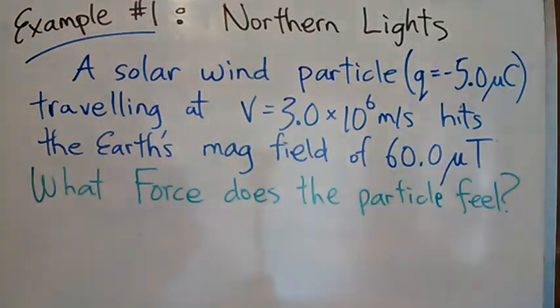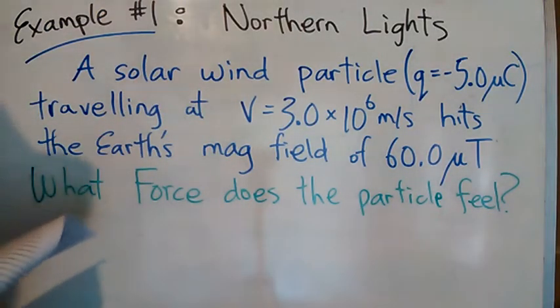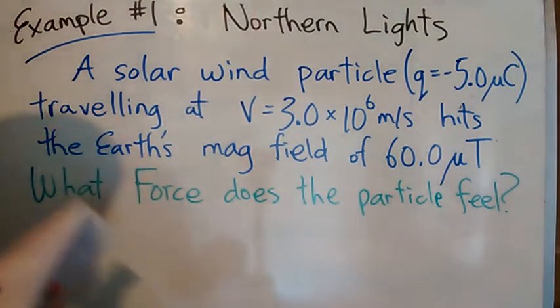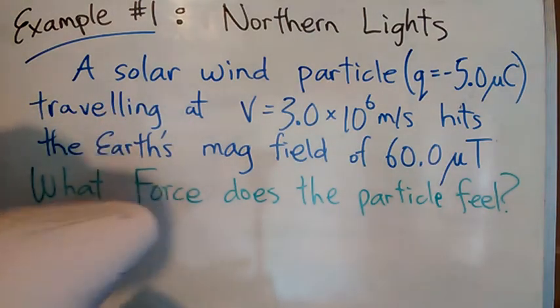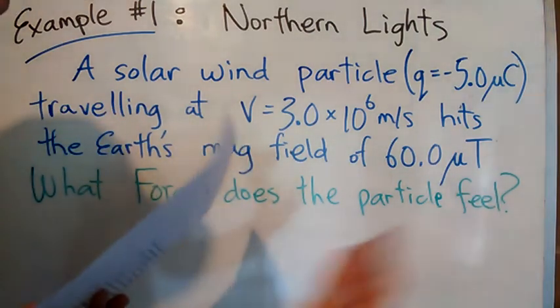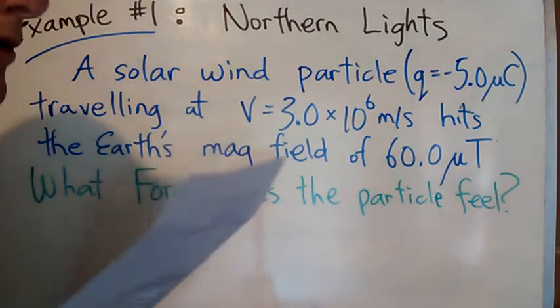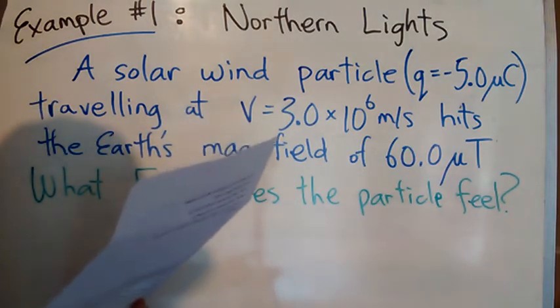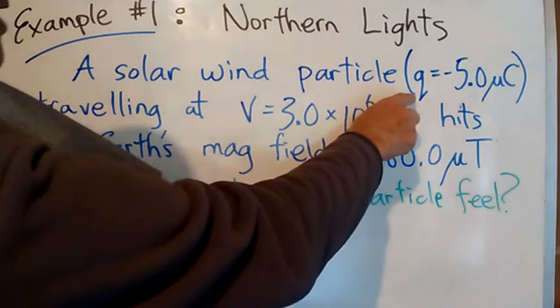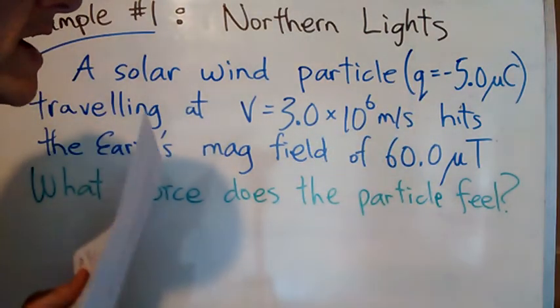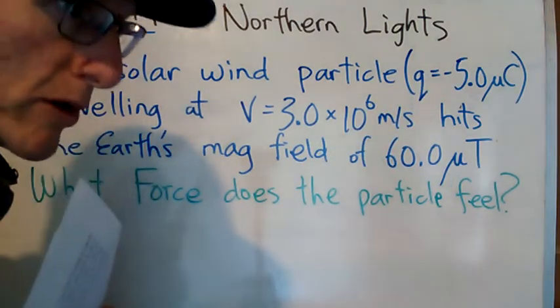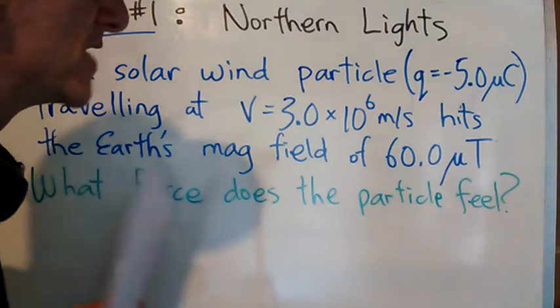Here is example number 1, the northern lights. Happens all the time, every day. Solar wind particles from the sun, so it's just particles ejected from the sun, hit the earth all the time, but they get bent by the earth's magnetic field. This one solar particle has a charge of 5 microcoulombs, so 5 times 10 to the minus 6 coulombs.